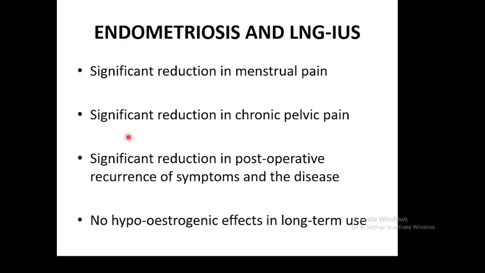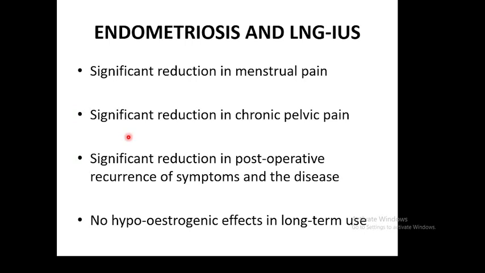That particular female is experiencing pain on a daily basis, which impairs her quality of life significantly, whether she is working or non-working. And say if you are doing a laparoscopic surgery for endometriosis, insert the LNG-IUS, that will postpone the recurrence, that will reduce the recurrence rate as well.